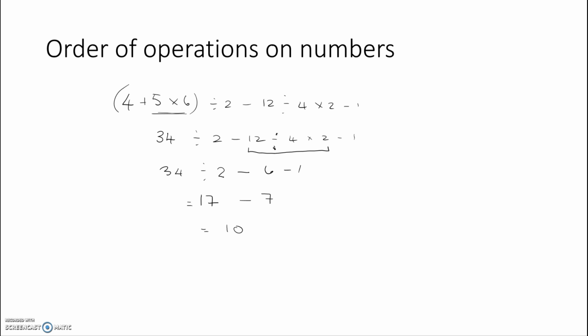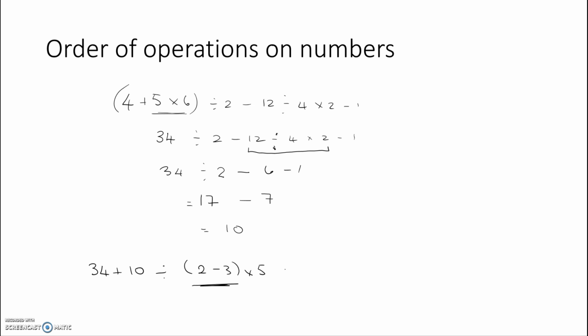We could get a different answer by arranging different things in different order. For example, if we had 34 plus 10 divided by 2 minus 3 times 5. This is telling us to do this bit first.